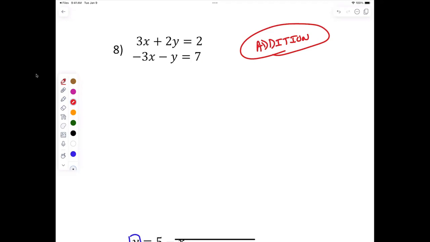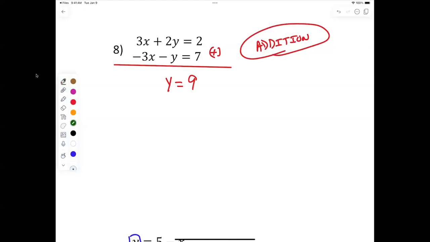They cancel out. This is the easiest one because it says 3x and -3x. So I want to add those together. When I add 3x and -3x, they cancel. What's 2y minus y? 1y. What's 2 plus 7? Now, this one was really nice because it's just y equals 9. We don't have to do any more work than that.